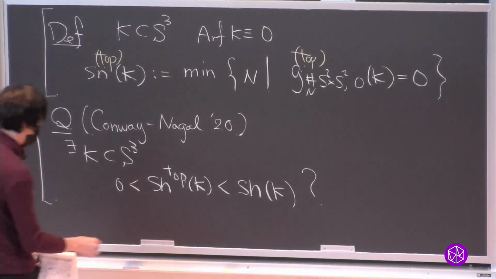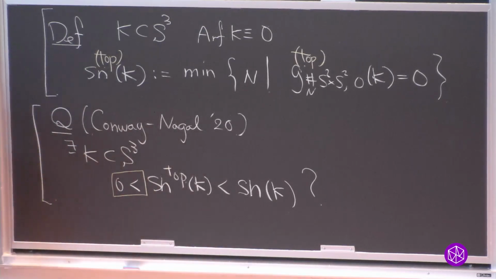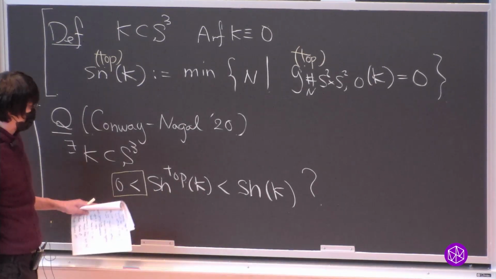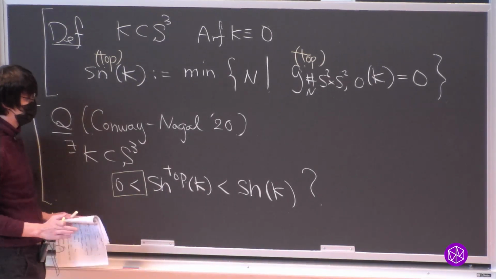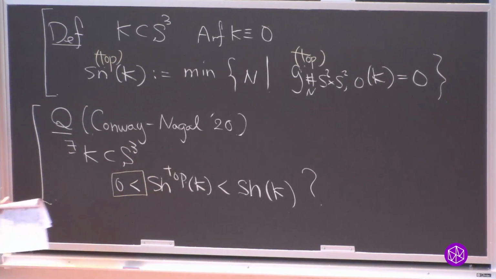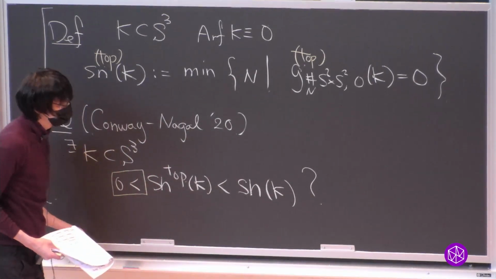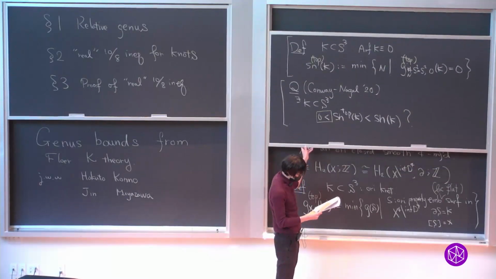Precisely, we need to assume that the topological stabilizing number is strictly positive. Otherwise, it is easy to solve, because if you take a topologically slice knot that is not smoothly slice, then it is an answer to this question. But if you impose this, it was difficult to obtain a non-trivial estimate for the smooth stabilizing number. That was the situation.